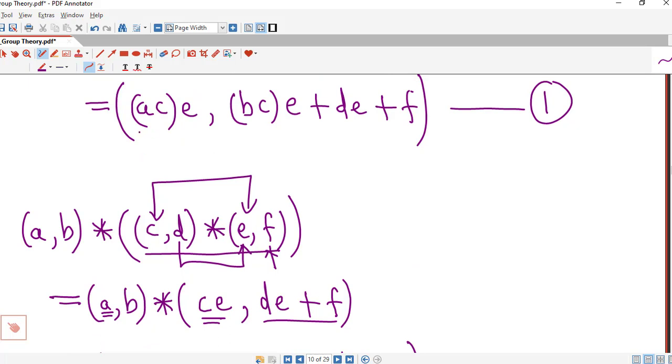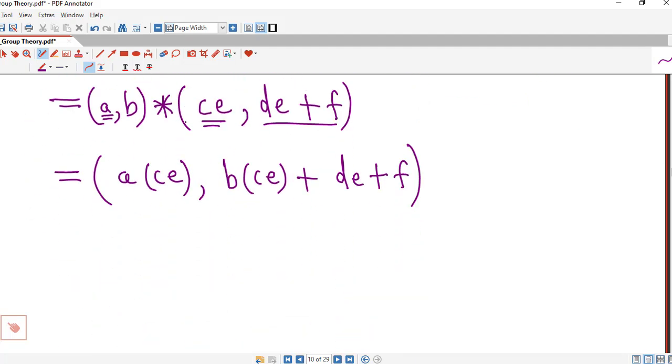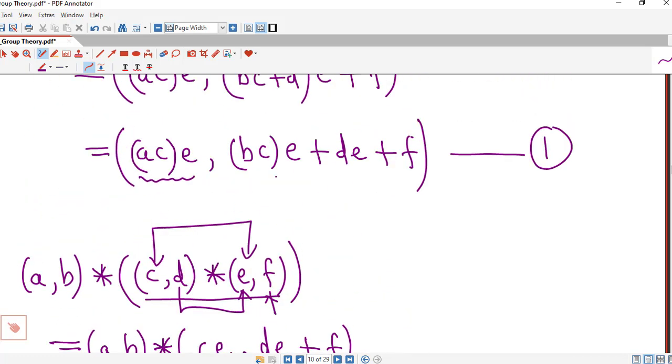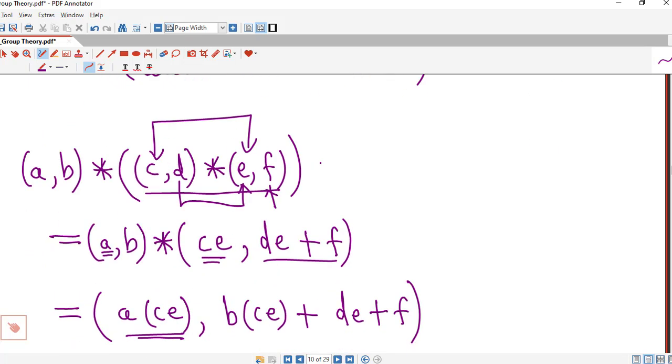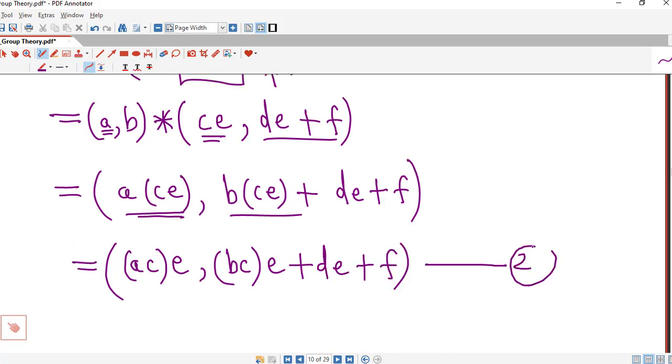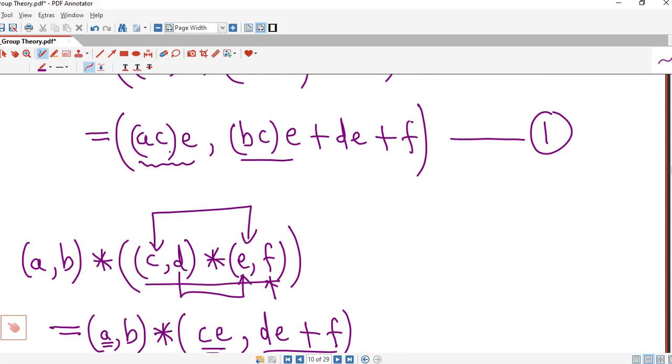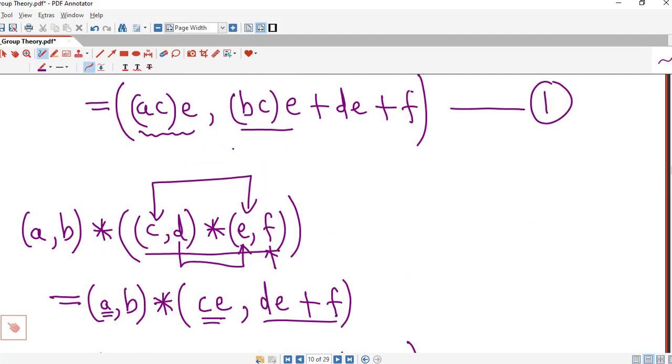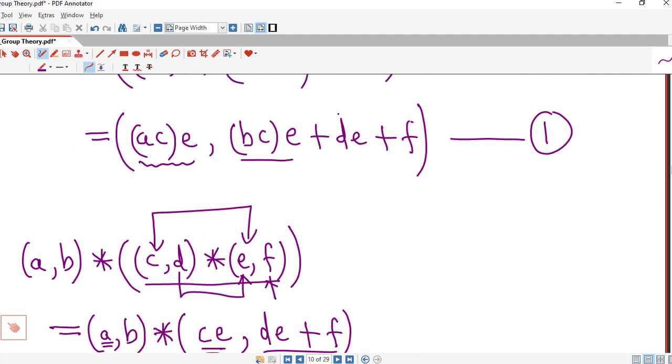In 1, the first component is, ordered pair, not ordered pair, it is AC into E. So here we have A into CE, but we know that all these are real numbers, so we can rewrite A into CE as AC into E. Now this quantity is B into CE, so we can rewrite this as BC into E using the associative property of real numbers, and we keep this as it is, and we give this number 2, and we find that AC into E, which is here, and BC into E plus DE plus F. So 1 and 2 are equal.